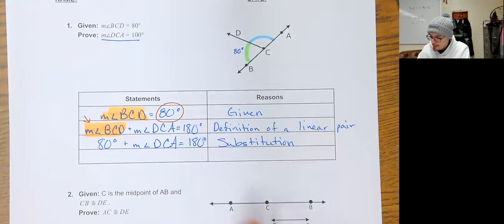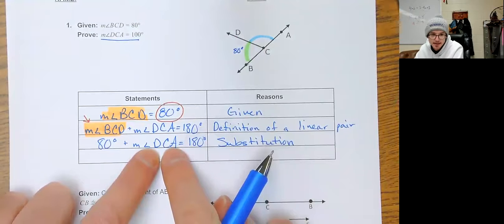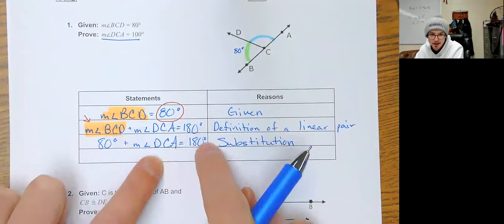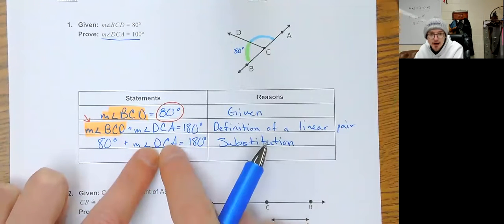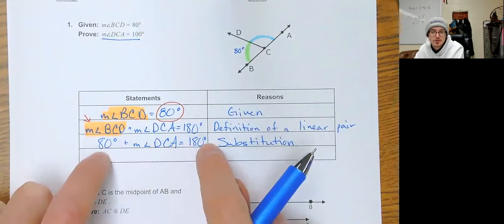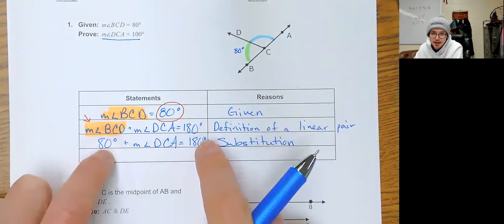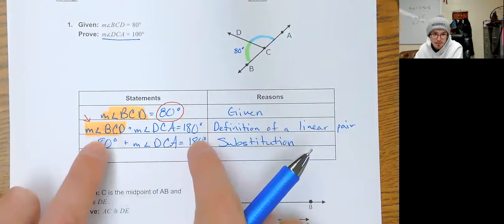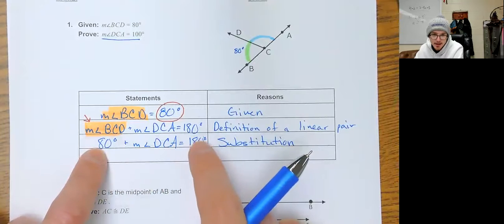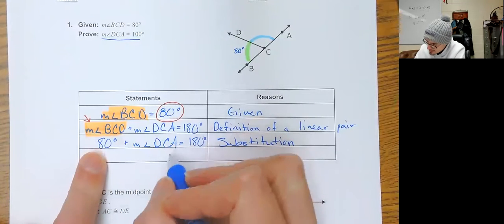Well, now, if you envision this just to be an x, and this is 80 plus x equals 180 degrees, how would I solve for x? Well, I'd subtract 80 from both sides. So if I subtracted 80 from both sides, minus 80 minus 80, well, what's 180 minus 80? 100.